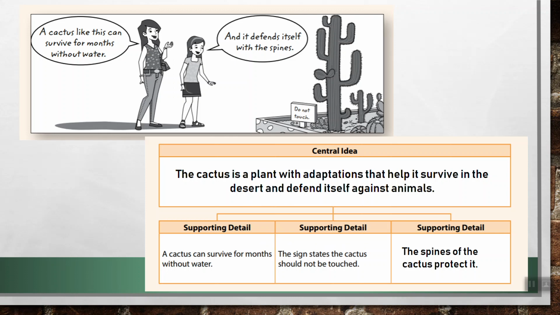A central idea often needs to be figured out by analyzing the supporting details. Think of yourself as a detective describing a complex situation and finding clues to state your observations. As you keep on reading, think about how you can determine the central idea of a text.